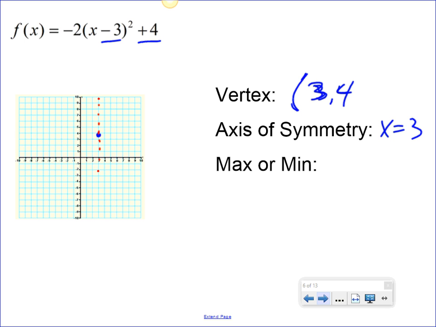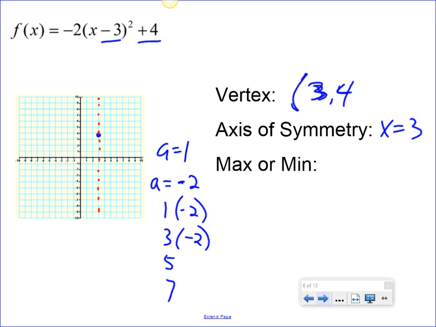Now, the only thing is, what's the pattern? Well, my standard pattern when a is equal to 1 is 1, 3, 5, 7. If a equals -2, I simply take the pattern of 1, 3, 5, 7 and multiply them all by -2. So all these are simply getting multiplied by -2, and that's telling me my moves.